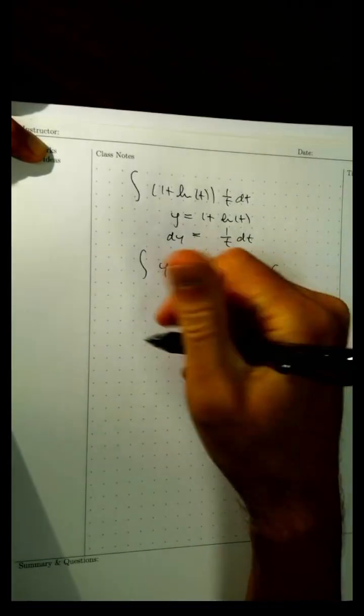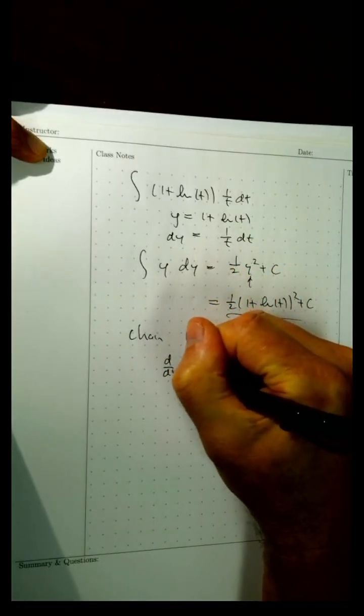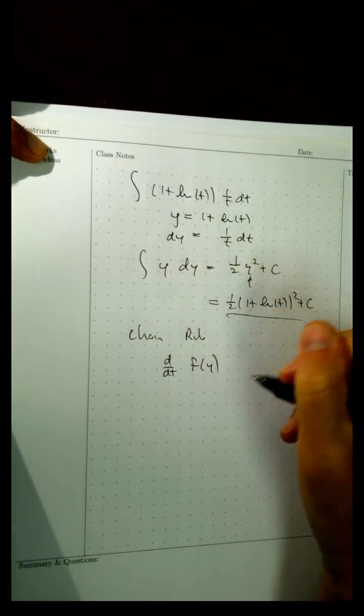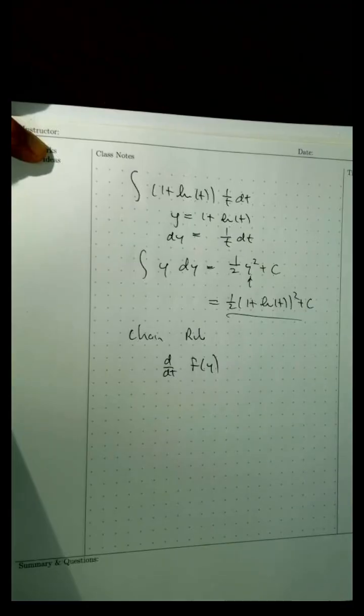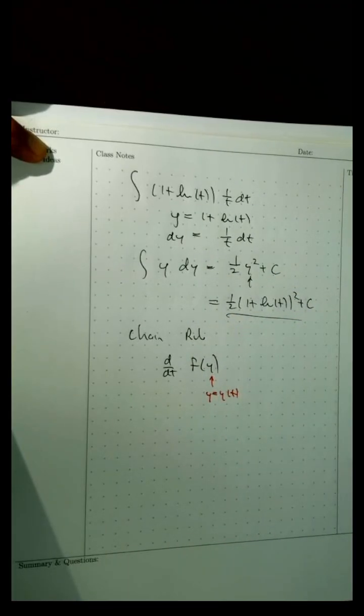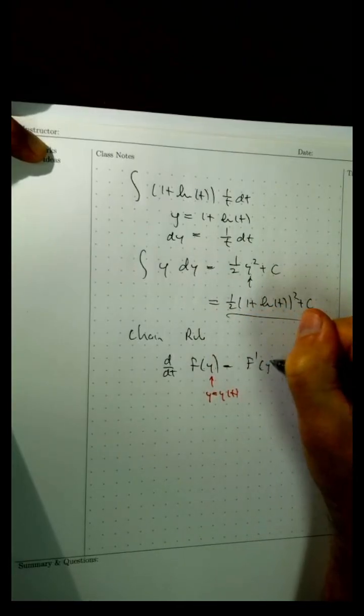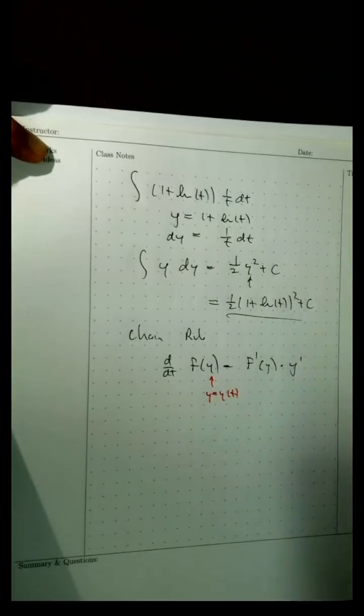What's important is the chain rule. The chain rule says that the derivative of some function of y, and here I'm assuming y is a function of time, is going to be the derivative of f times the derivative of y.